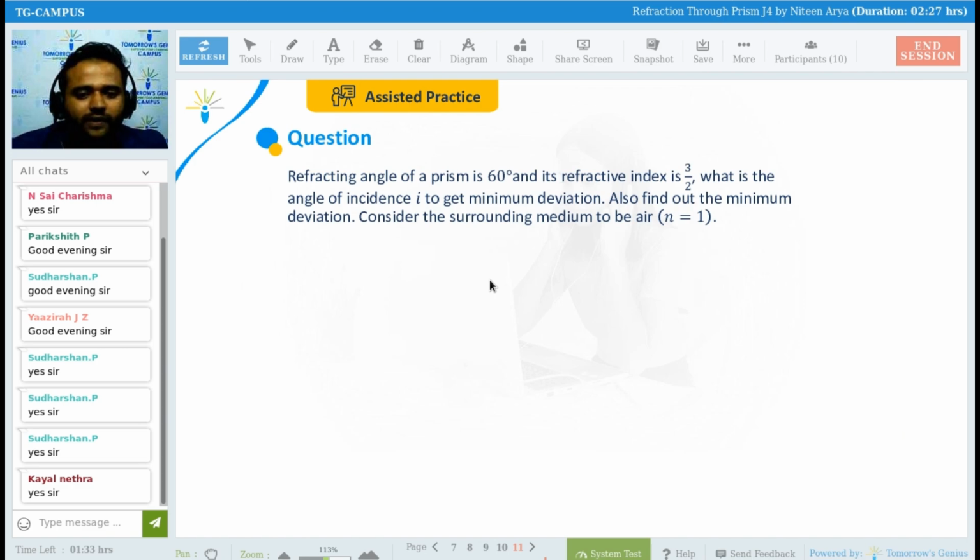Do this then. The angle of prism is given, the refractive index is given. What is the angle of incidence I to get minimum deviation? Do that. Very easy, very basic. You need to find the angle of minimum deviation.